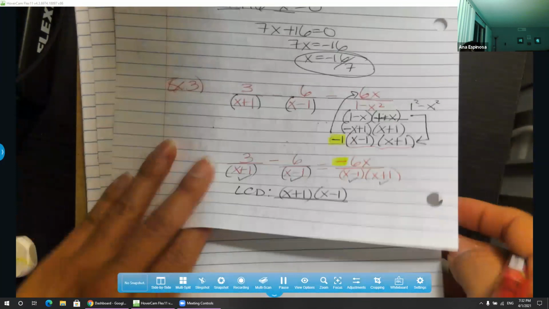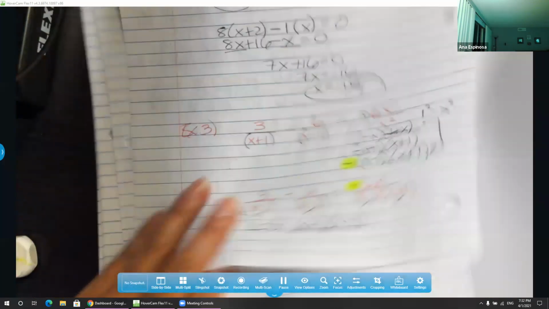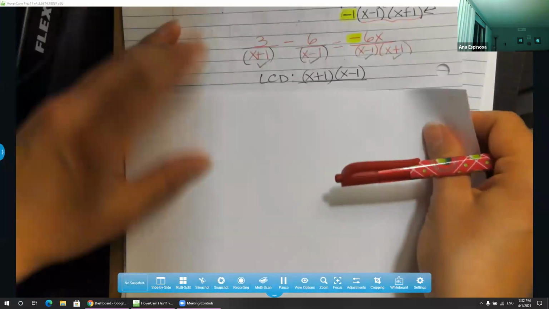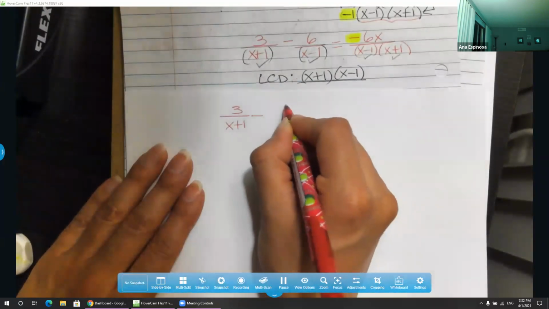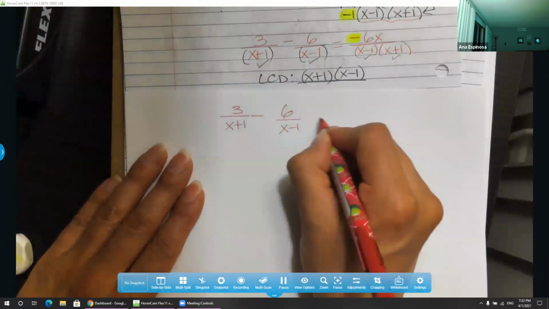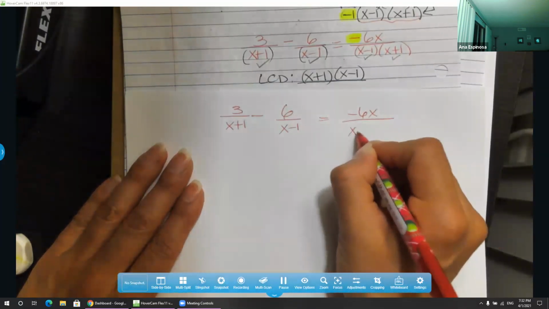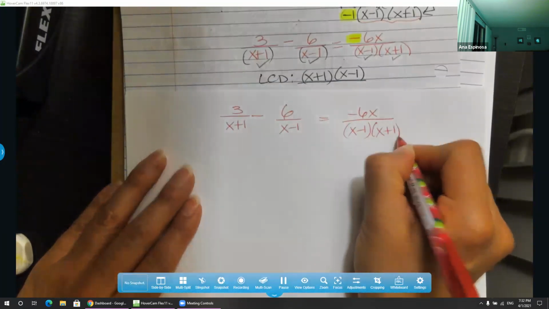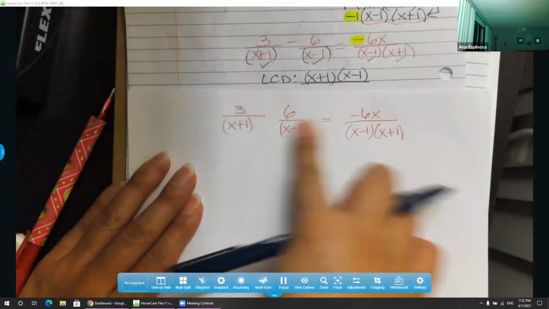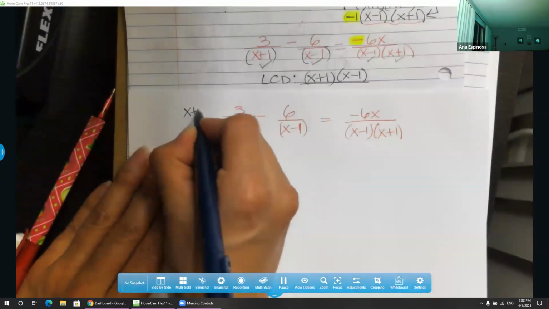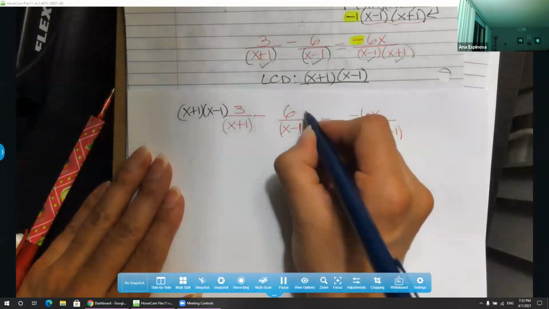All right, let me use white sheet paper. Copy this down again: 3 over x plus 1 minus 6 over x minus 1. I'm going to do what I said some students do. Some students leave a lot of gap and put the LCD next to each fraction.